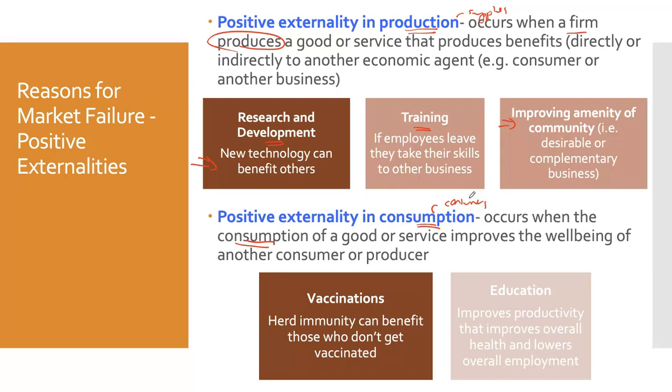For example, vaccination and education improve the well-being of other third parties, either due to herd immunity due to vaccinations, or education will improve productivity, overall health, and actually might get other people employed, because more educated people create jobs for other people.